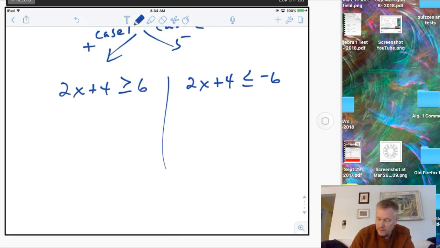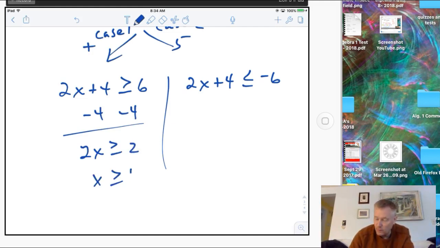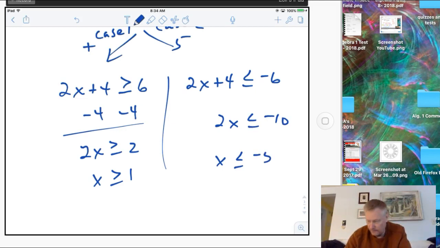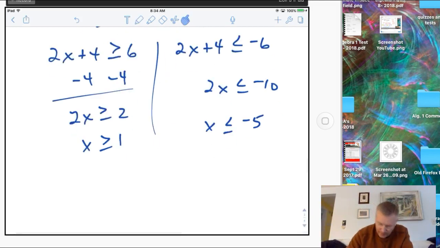Solve this. Subtract 4. We get 2x greater than or equal to 2. X is greater than or equal to 1. Over here, I get 2x is less than or equal to negative 10. Negative 10 divided by 2 is negative 5.